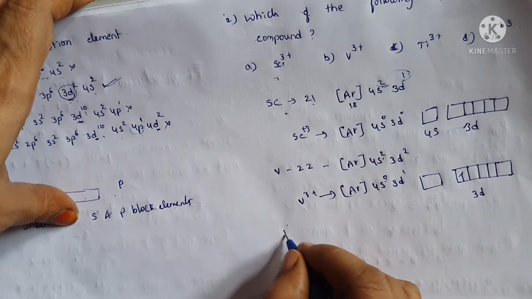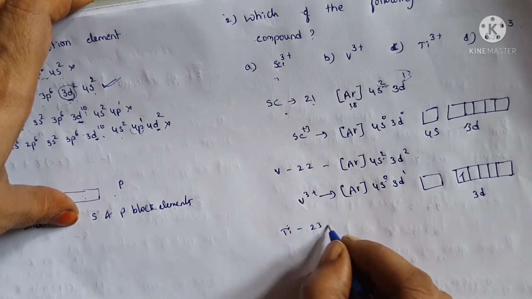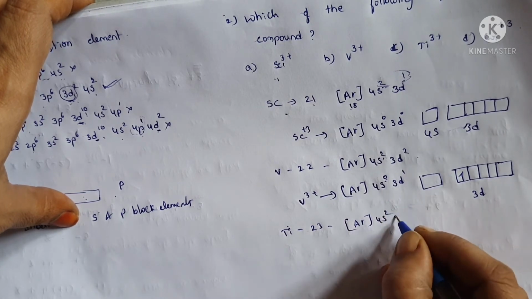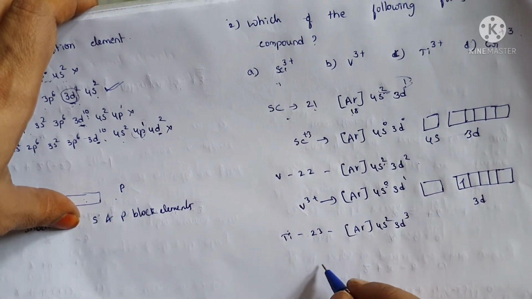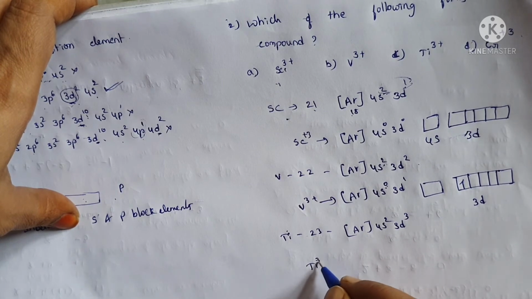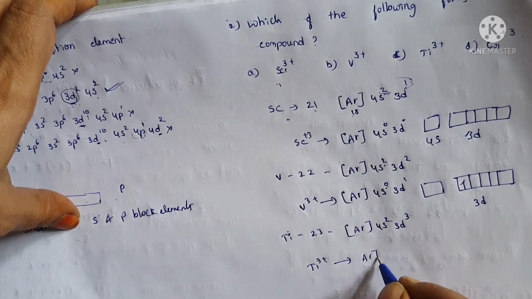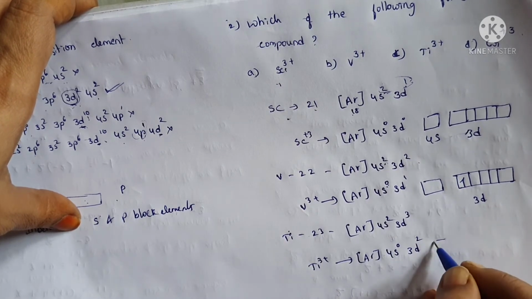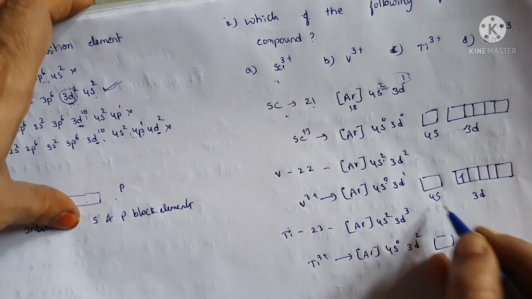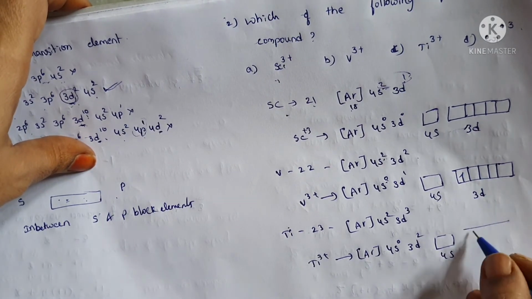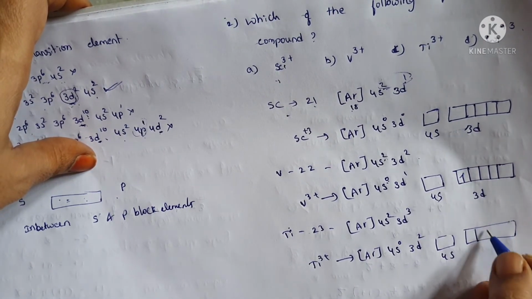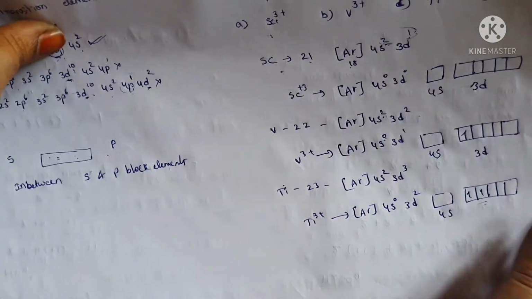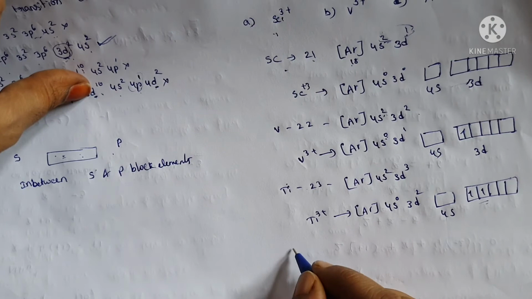And titanium plus 3, titanium 23, argon 4s2 3d3. So titanium plus 3 means argon 4s0 3d2. There are 2 unpaired electrons. And next chromium plus 3.